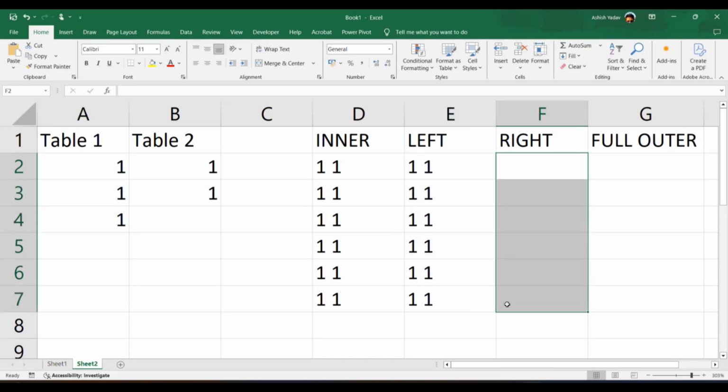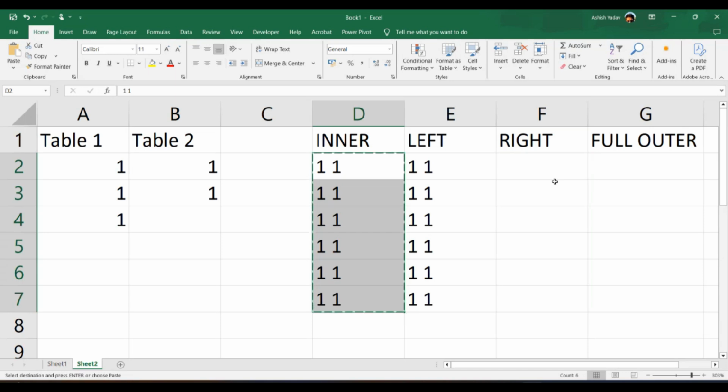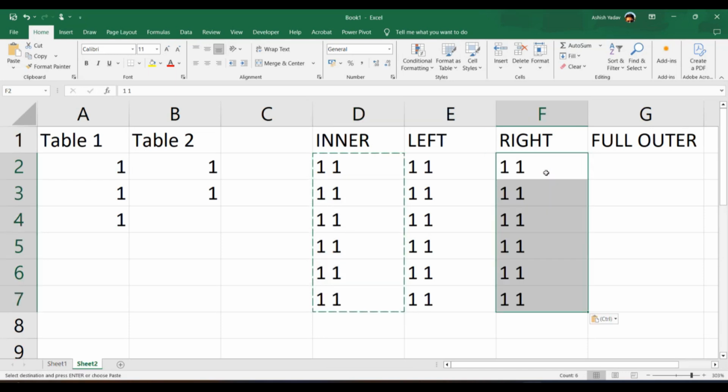Right join. Right join says matching records from both the tables plus non-matching from the right table. So again, matching records from both the tables is what? Your inner join only. So again, whatever is the inner join, right join will also be a part of that. I mean, right join has inner join in it already.